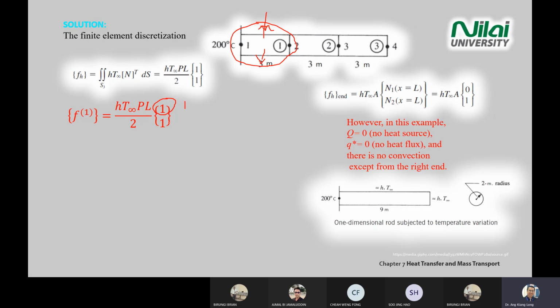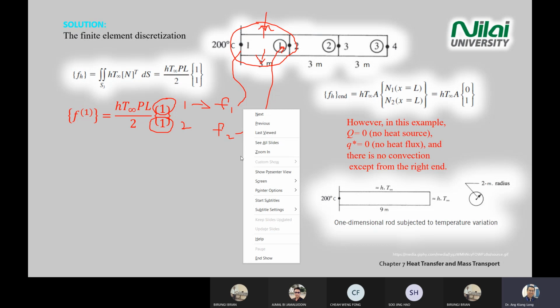It means 0.1. This one, it means 0.2. What does it mean? If you multiply the products into the matrix here, the products will be F1 and F2, meaning force at 0.1, force at 0.2. Okay, just take note on this one.